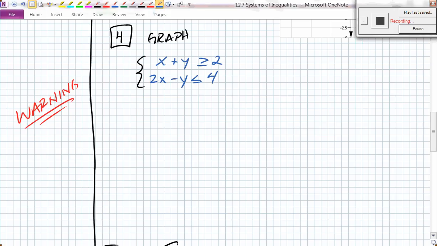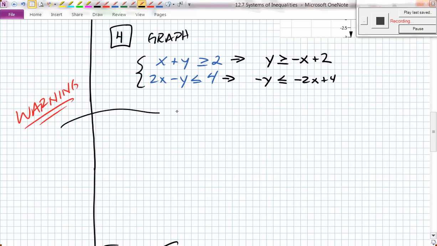All right. So before we can graph this, we have to get it into slope-intercept form. So let's get this into slope-intercept form. y is going to be greater than or equal to negative x plus 2. Let's get this into slope-intercept form. I have negative y is less than or equal to negative 2x plus 4. All right, what is my warning here that I'm going to tell you about?